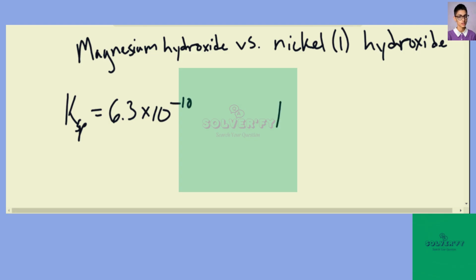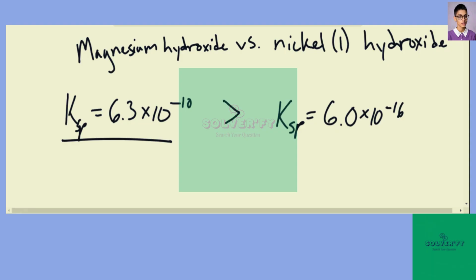And the KSP value for nickel hydroxide is 6.0 times 10 to the negative 16th. And so obviously this one is much bigger, and so the magnesium hydroxide is more soluble.